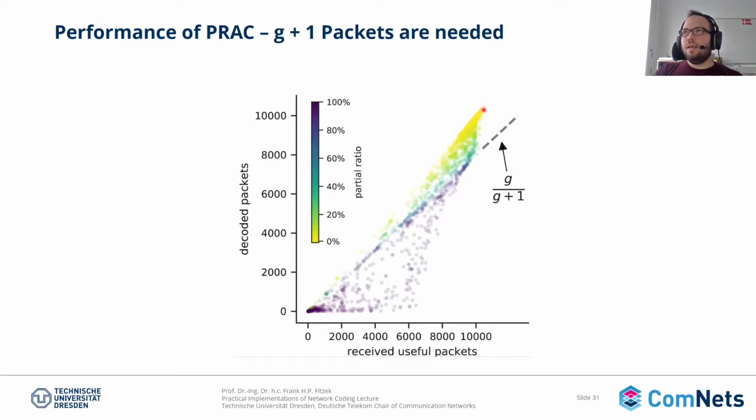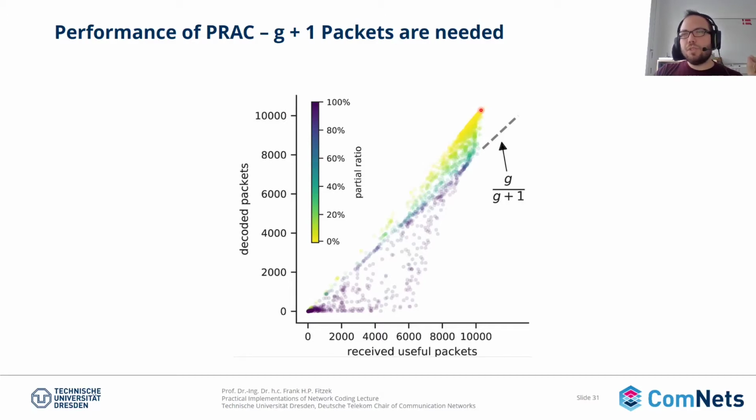So over here on the top right of the plot, we see that out of 10,000 packets, there were no partial packets, so all the received packets were useful. Remember, each dot represents 10,000 packets. It means that here all 10,000 packets were received. So basically, out of 10,000 received packets, we have 10,000 decoded packets. So this is the best we can do.